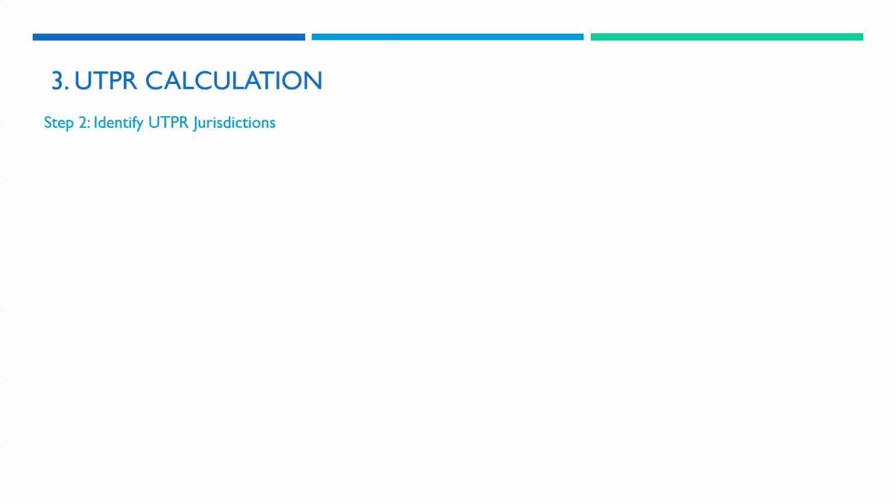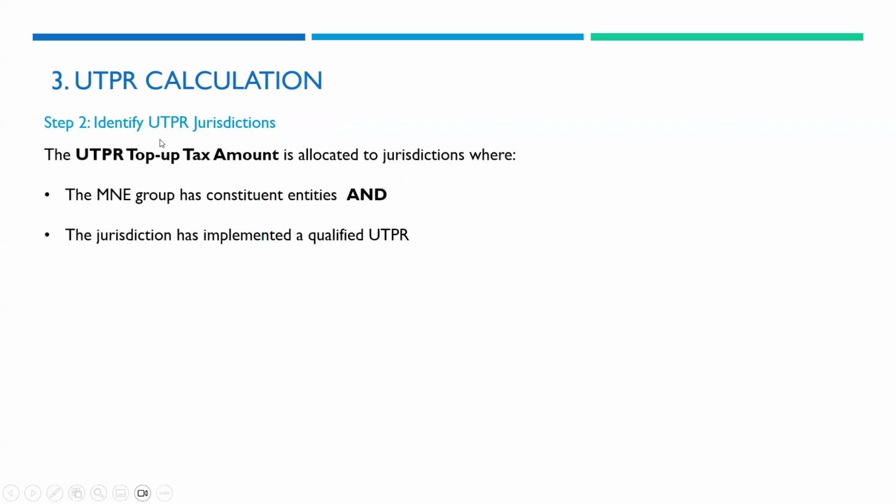It is just like only those UPEs having a qualified IIR status can do top-up taxes. The other constituent entities which will pay UTPR on the untaxed portion should have a qualified UTPR status. So UTPR top-up tax is allocated to jurisdictions where the group has constituent entities and the jurisdiction has implemented a qualified UTPR. Those where there is a qualified UTPR and the group has a constituent entity will pay the UTPR.